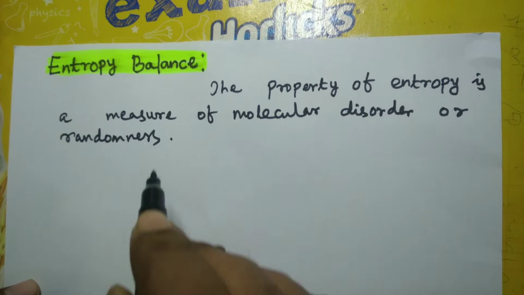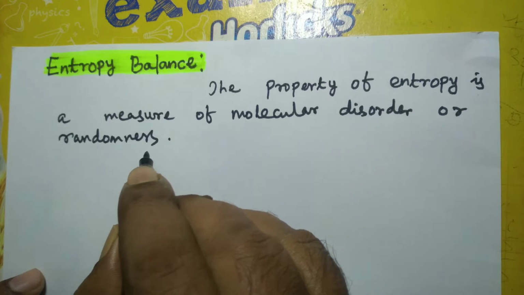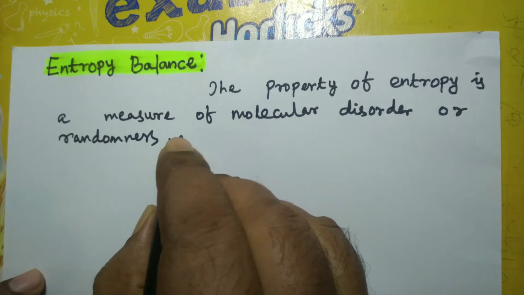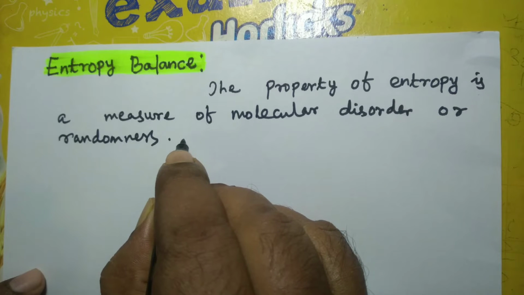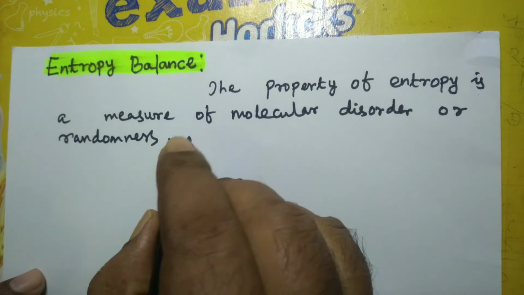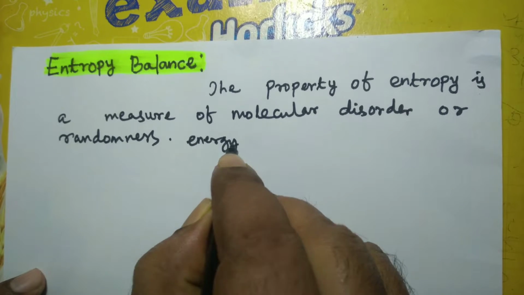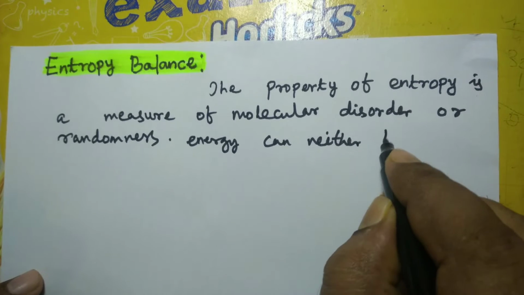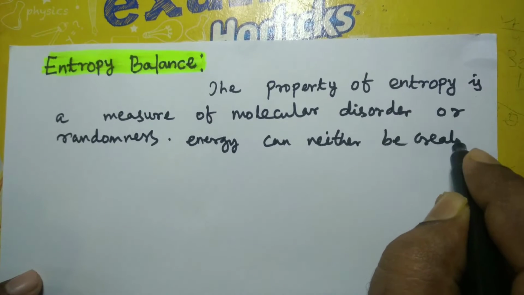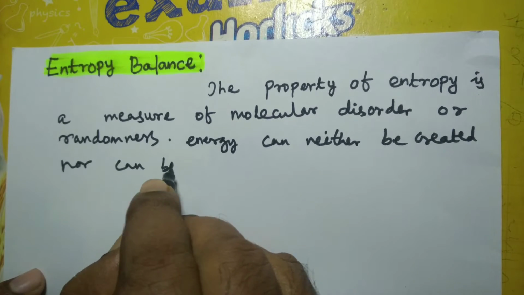So, you see, entropy cannot be destroyed, entropy can only be created. But on the other hand, the conservation of energy principle states that energy can neither be created nor can be destroyed.